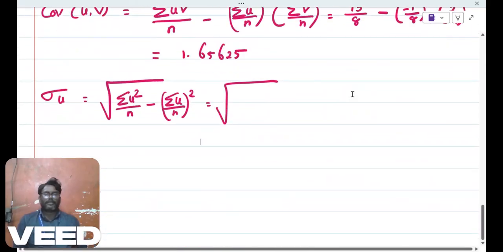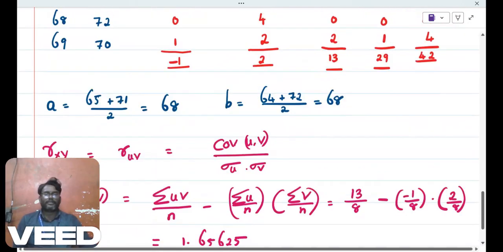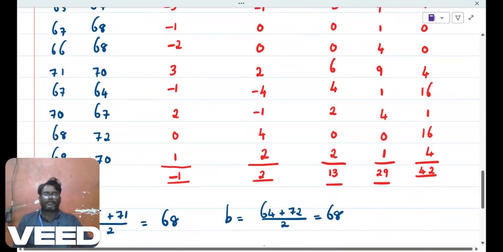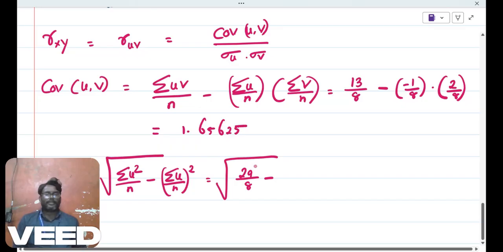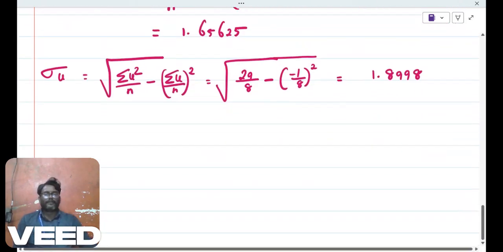So 29 divided by 8 minus sigma u, which we already used, which is minus 1. So minus 1 by 8 whole square. If I use the calculator to compute this value, it is equal to 1.8998.